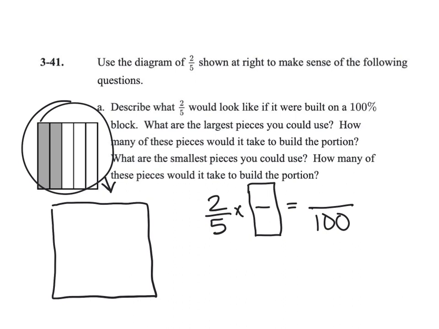All right, so 5 times 20 equals 100. Whatever you do to the bottom, you have to do to the top, because you're multiplying by one whole. So 20 out of 20 is 1. And 2 times 20 is 40. So we need 40 blocks in our 100 grid.